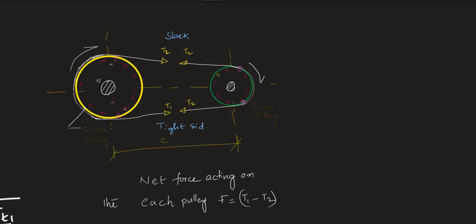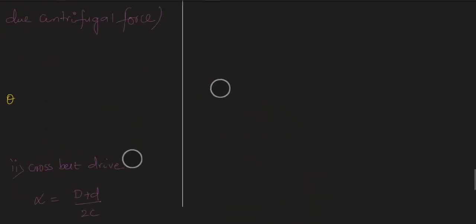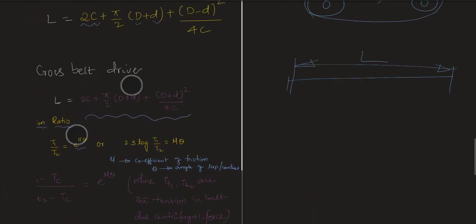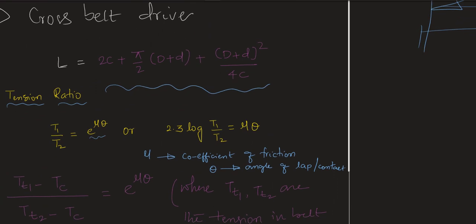If I draw the free body diagram, you can see the tensions will be acting in this way. Tension on the tight side is represented with T1 and tension on the slack side is represented as T2. So the ratio of these tensions will be equal to e to the power of mu theta.